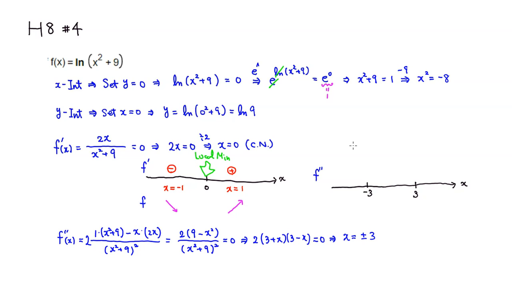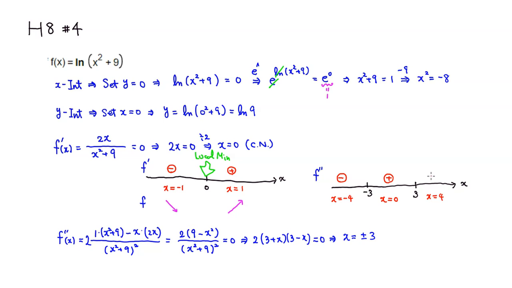And look at the sign of the second derivative. Let's try anything smaller than -3, I'm trying -4. If you plug in -4, you can see 9 minus 16, so that's going to be negative.